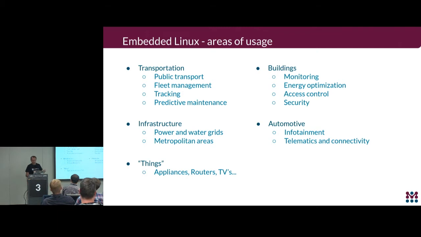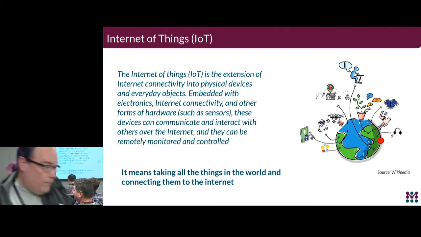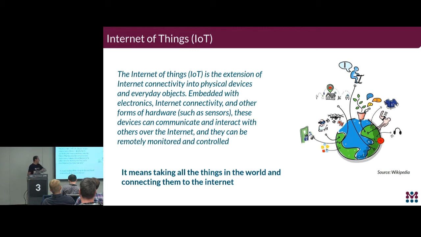And in case I missed any of them, there's this thing called the Internet of Things, and I don't really know what it is, but it means taking all the things in the world and connecting them to the internet. Chances are pretty high that they are running Linux, right? So it's everywhere.